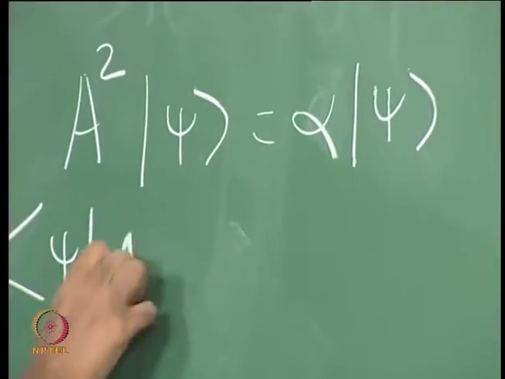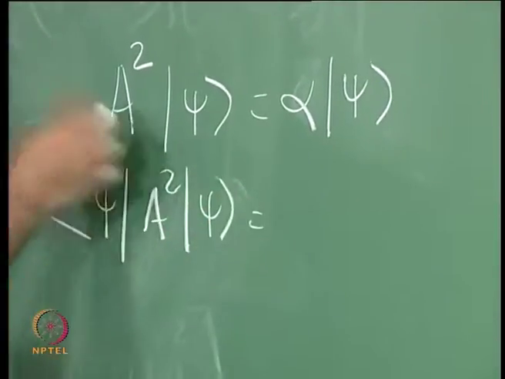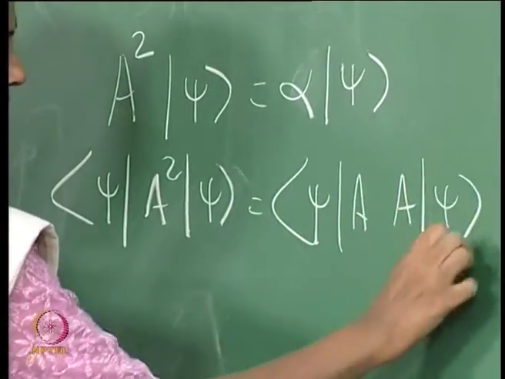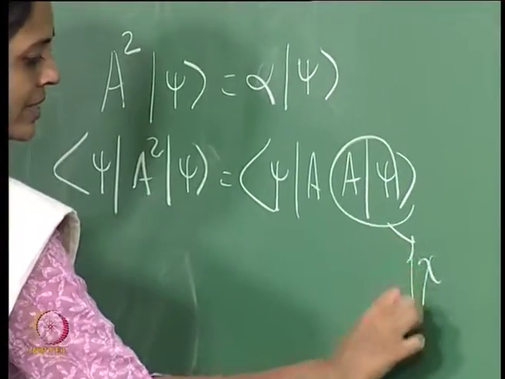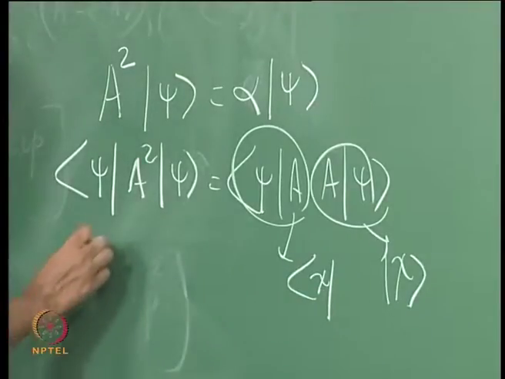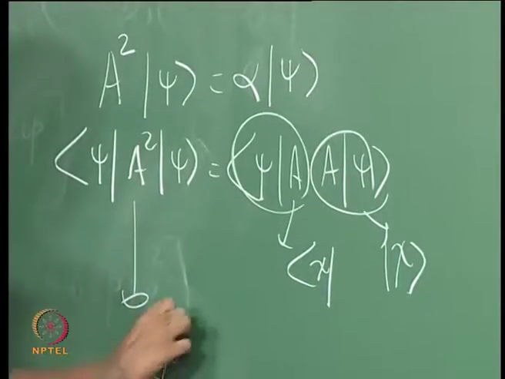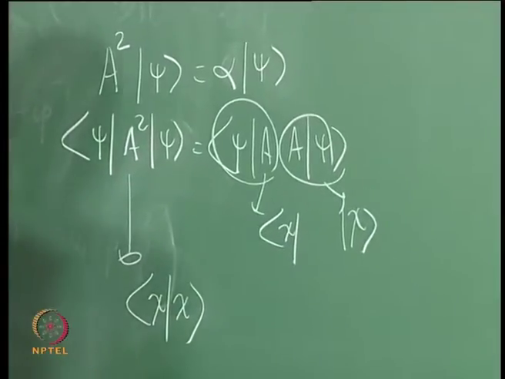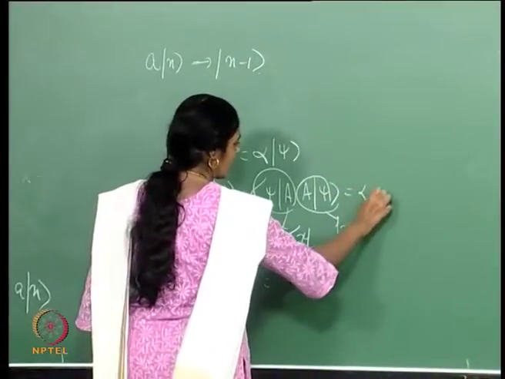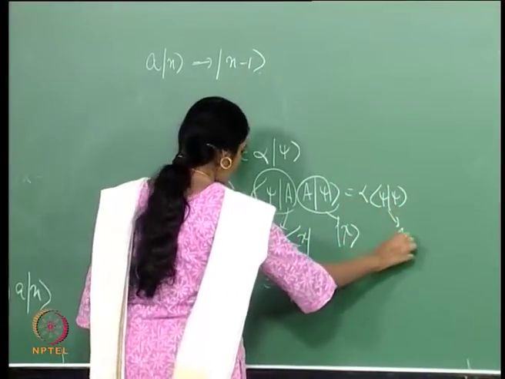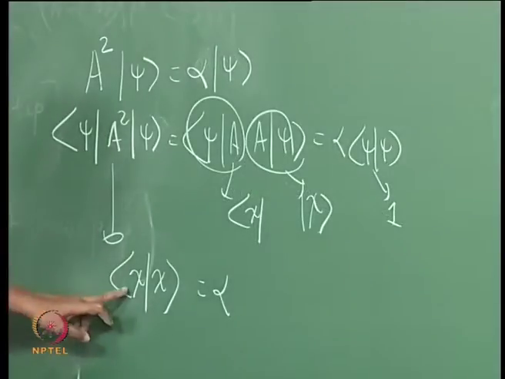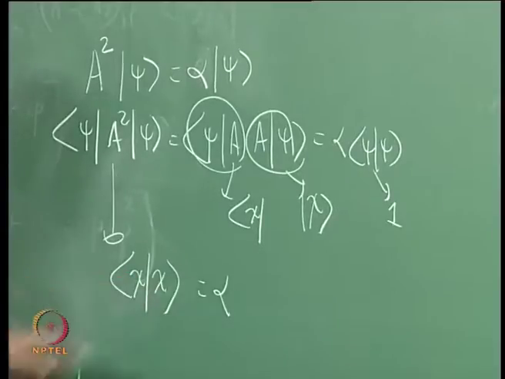Then psi A squared psi, this is a Hermitian operator, is psi A A psi. I could call A psi as the state chi, and therefore this is the bra. So this object is the inner product chi chi. On the left hand side I have alpha psi psi, and if this is normalized to 1, I have chi chi is equal to alpha. The inner product of the state chi with itself is equal to alpha.